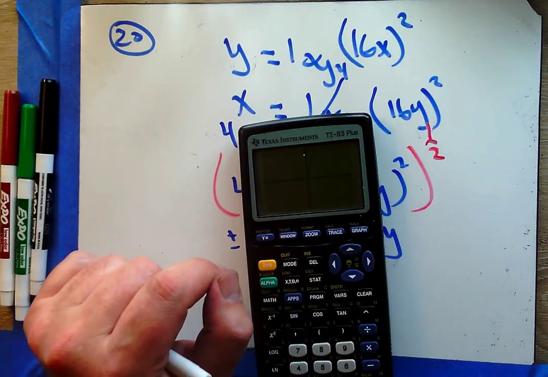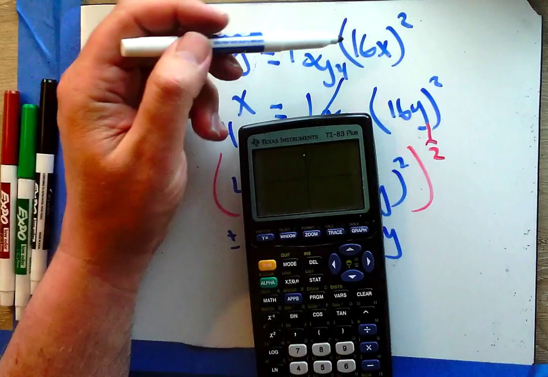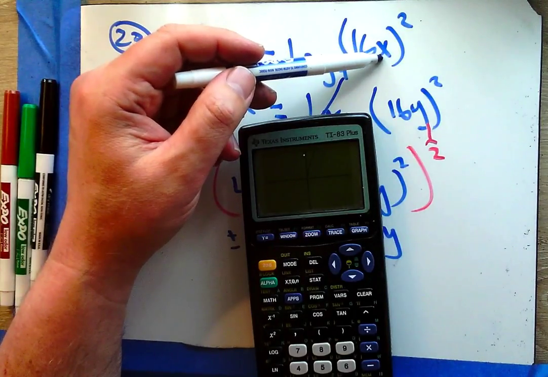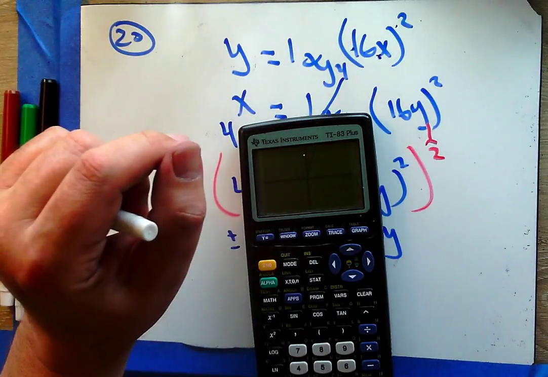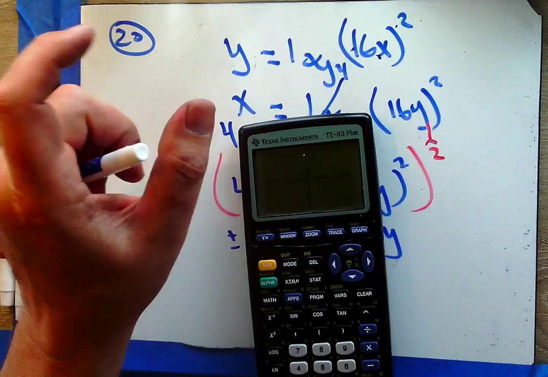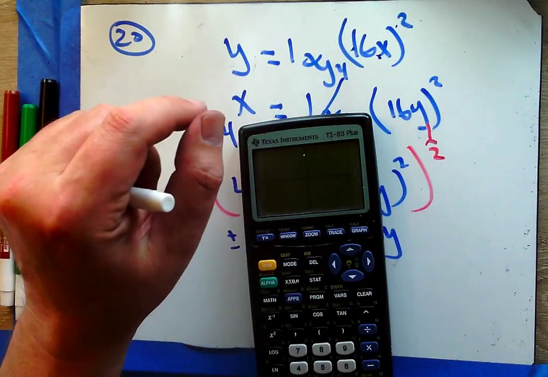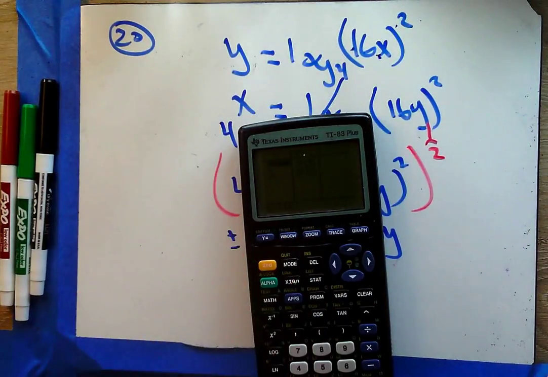So that's the function. It looks like a regular log. And one thing to think about, that's very interesting. If I plugged a negative in here, I'd have negative 16, and that would be squared. And so then I'd have a positive. I'm taking the log of a positive. So why can't I plug negatives in there? Huh. Let's see what the table says.